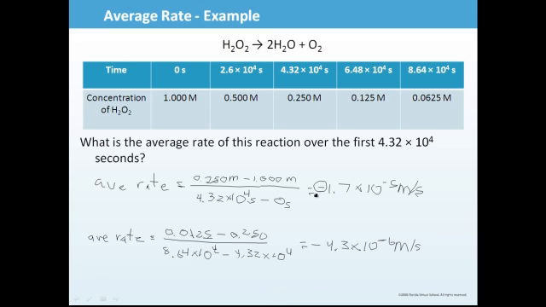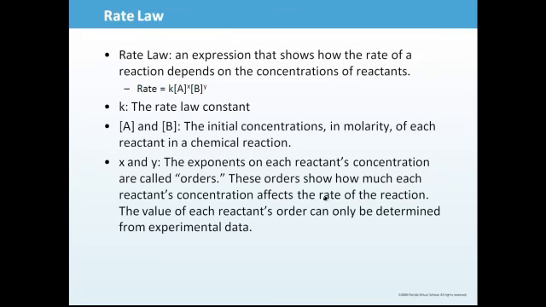So again, the negative, very important here, just tells us that the concentration is decreasing. In chemistry, we typically don't talk about just the average rate. What we like to look for is what's called the rate law. The rate law is simply an expression that shows how the rate of the reaction depends on the concentrations. And we kind of put everything together, if you will.